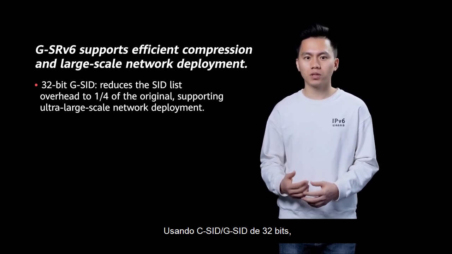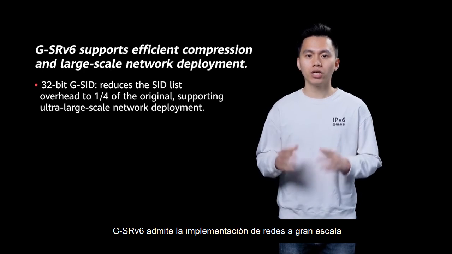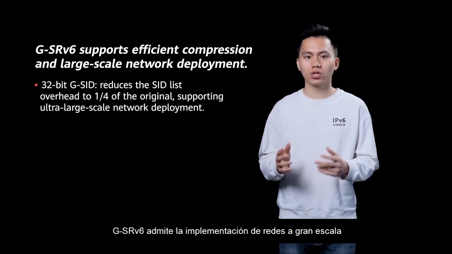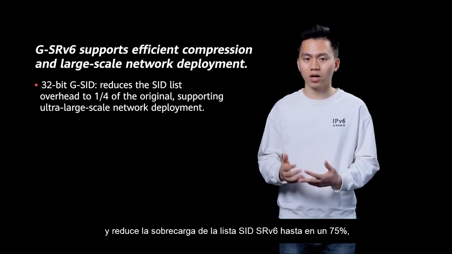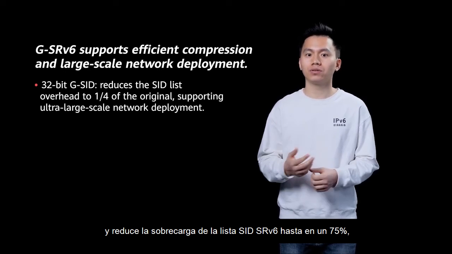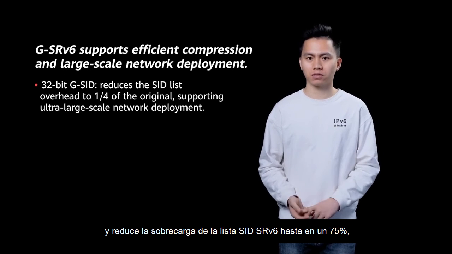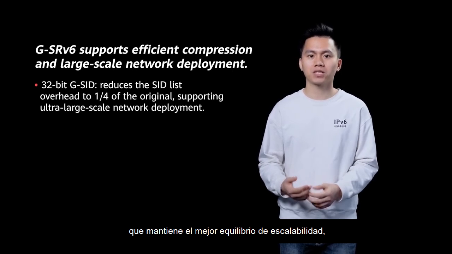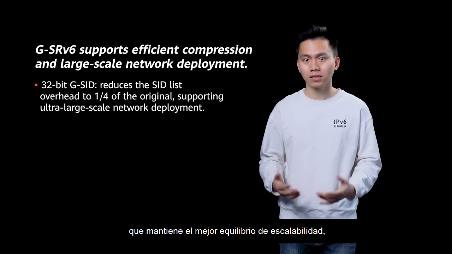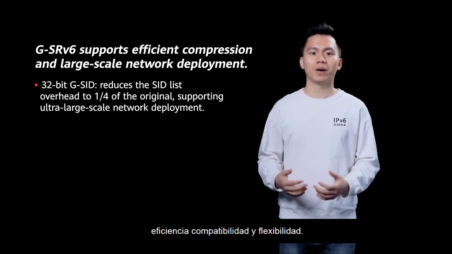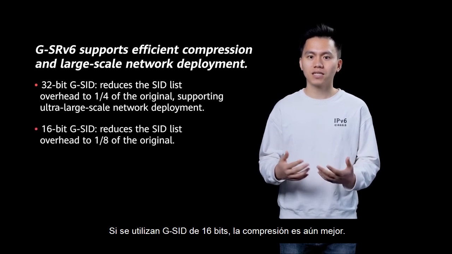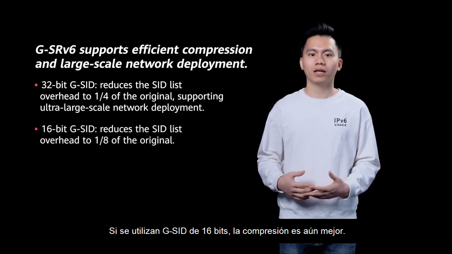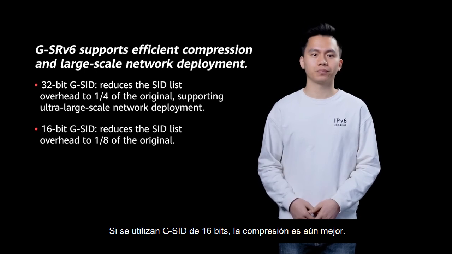Using a 32-bit C-SID, G-SRv6 supports large-scale network deployment and reduces SRv6 SID list overhead by up to 75%, which keeps the best balance of scalability, efficiency, compatibility, and flexibility. And if you're using a 16-bit G-SID, then the compression can be better.